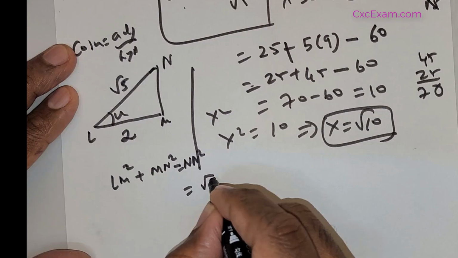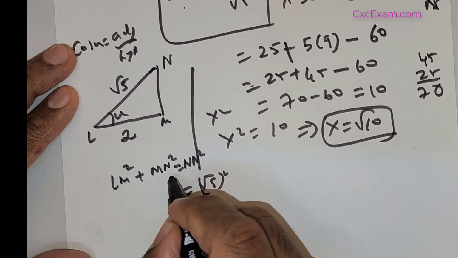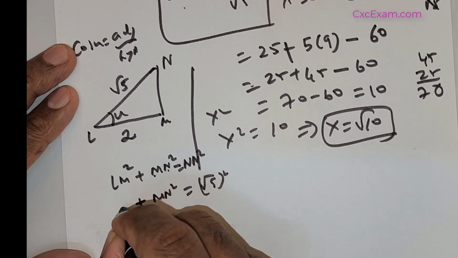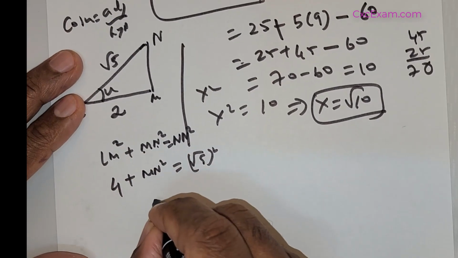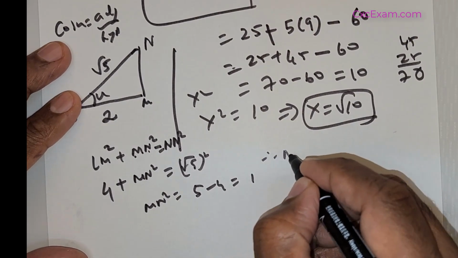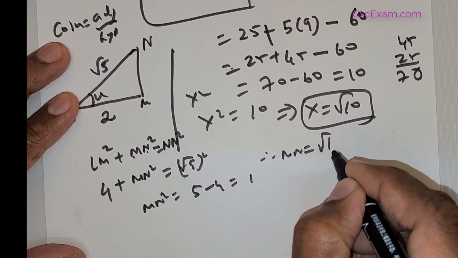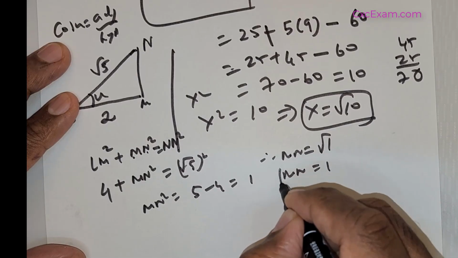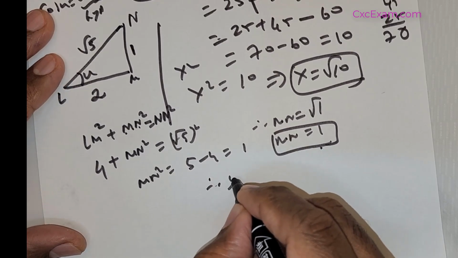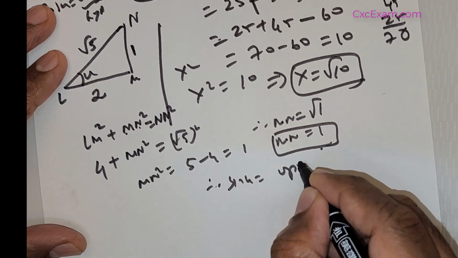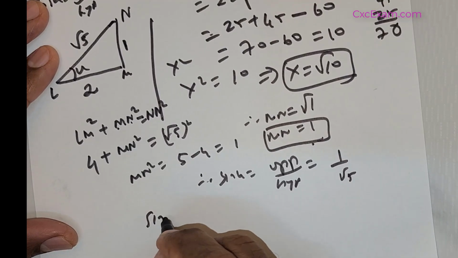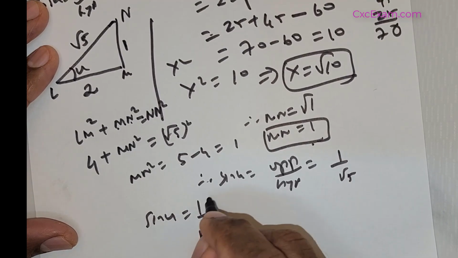So LN squared is root of 5 squared, MN squared is required, and LM squared is 2 squared. So MN squared is 5 negative 4, which is 1. Therefore MN is equal to root of 1, which is nothing but 1. So this is 1. So therefore sine u is opposite side divided by hypotenuse, which is 1 over root of 5. So we have got the sine u value.